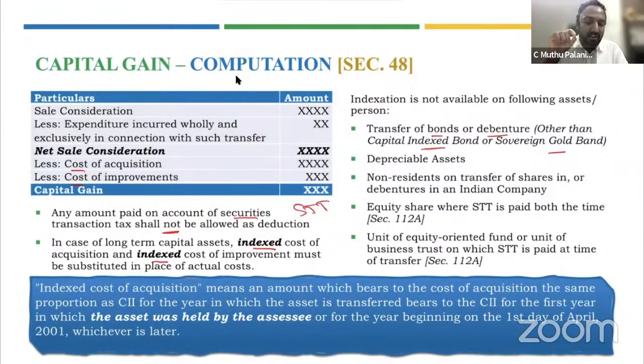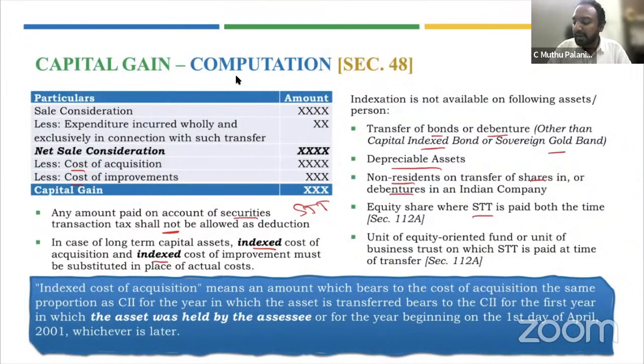For any other bond or debenture, indexation is not available. Indexation is not available for any depreciable assets. Indexation is not available for non-residents transferring shares or debentures in an Indian company.